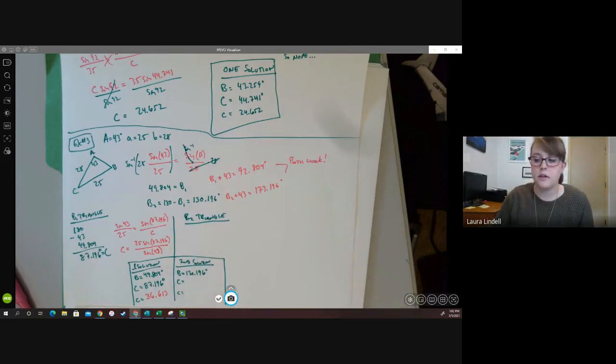Your second solution, go ahead, take a minute, and find the values of angle C and side C. When you think you've got it, type ready in the chat.